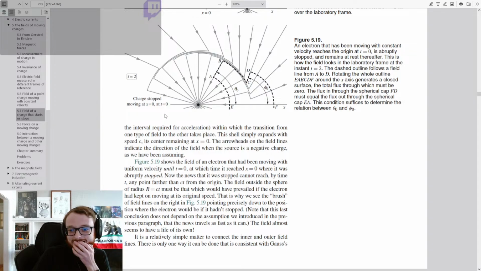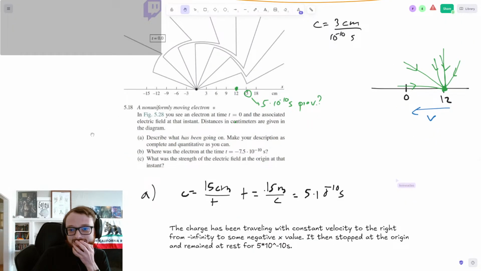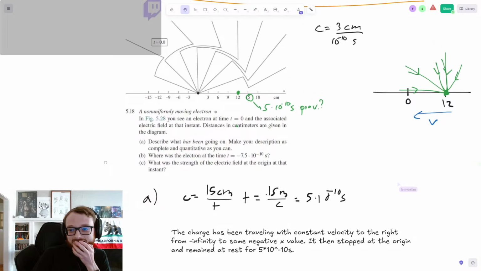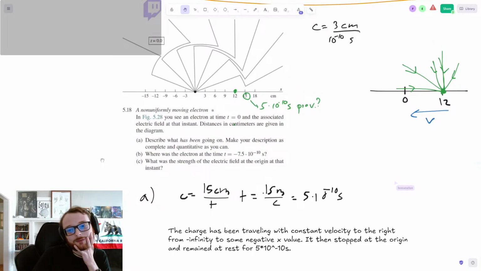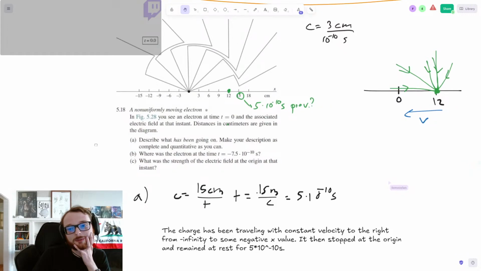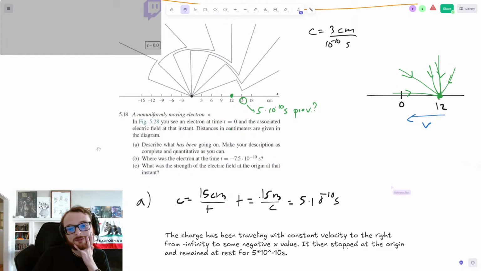So it would have been moving at 4/5 the speed of light. What's the speed of light? You say why again? Because the light got to 15, but the electron only got to 12. The electron ghost only got to 12. Oh, yeah.